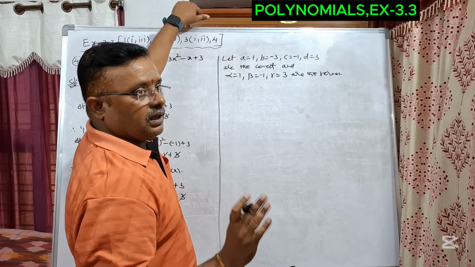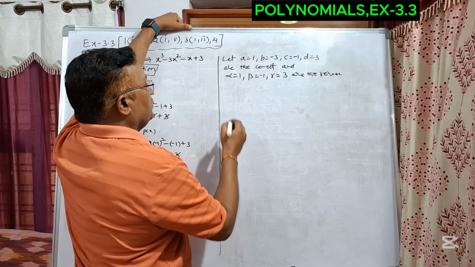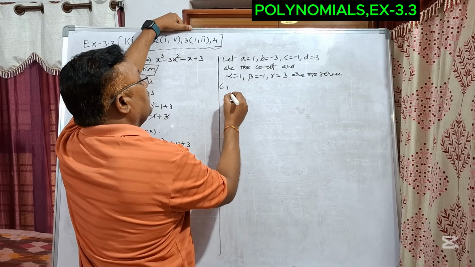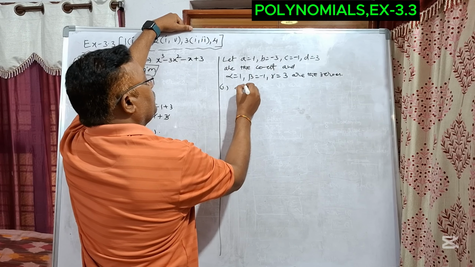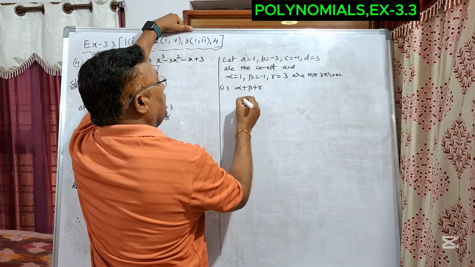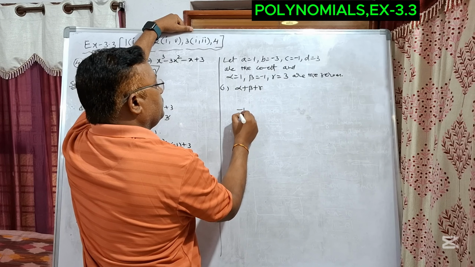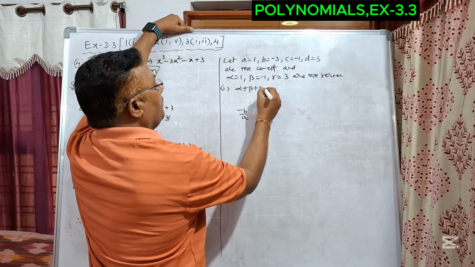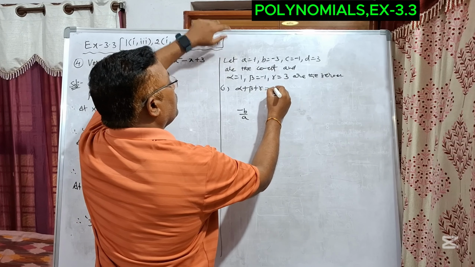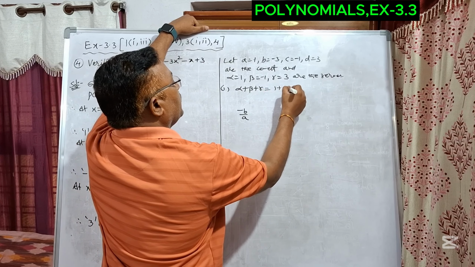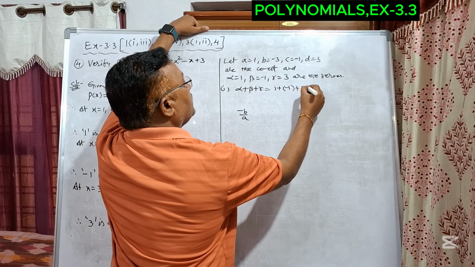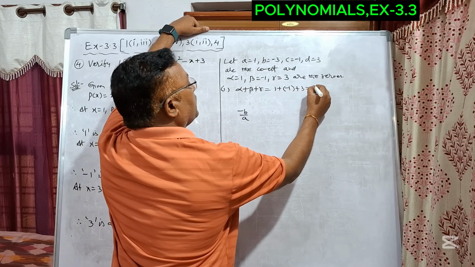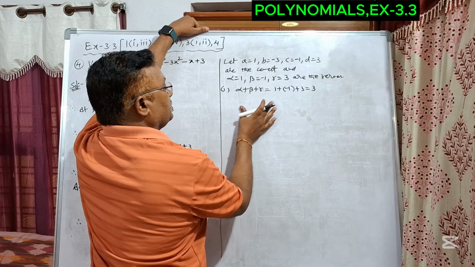Okay, Nana? Right. Now, checking the relation. What is the first relation for us? We need to check alpha plus beta plus gamma equal to minus b by a. So, find out them separately. Alpha plus beta plus gamma means 1 plus of minus 1 plus 3 is equal to plus 3. We got its value as plus 3.